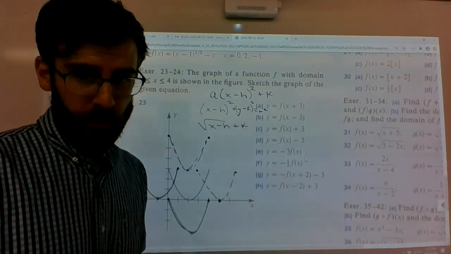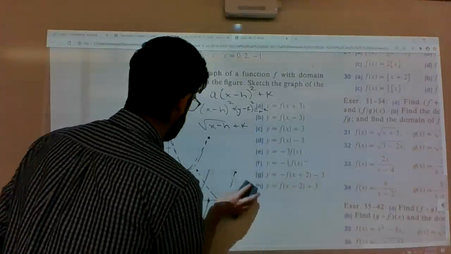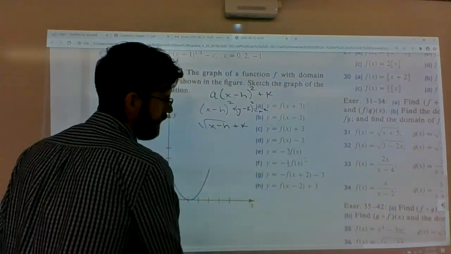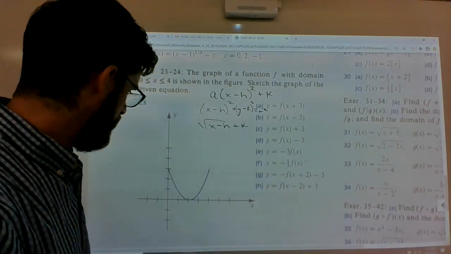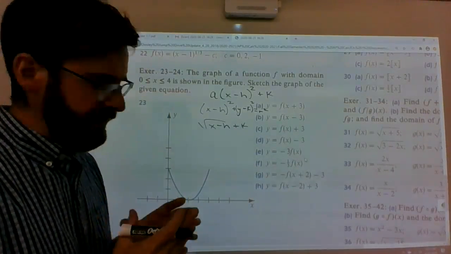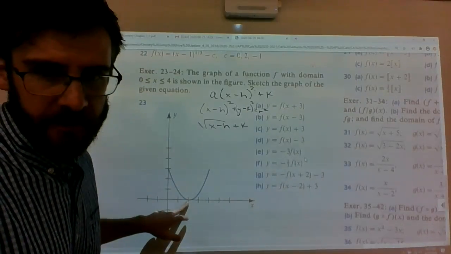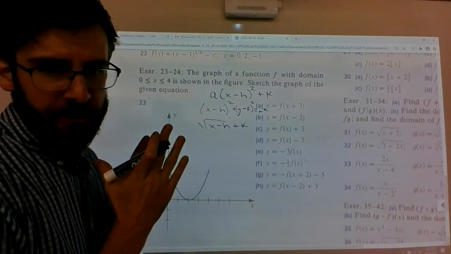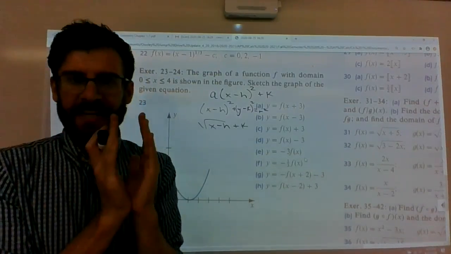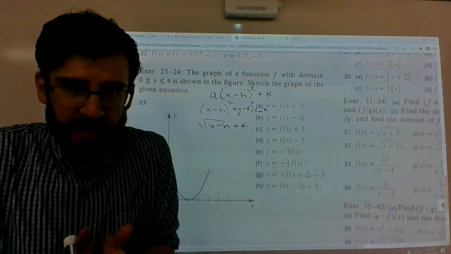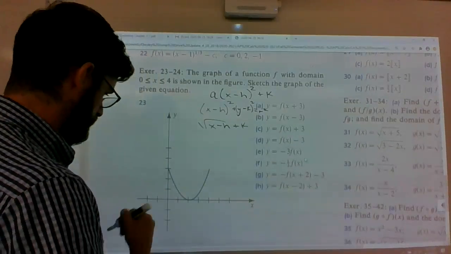If you threw a negative 3 out front of this, what does it do? Well, again, it multiplies every single point that you initially plotted by 3. So it's going to make a skinnier graph, and it's going to be inverted downward.